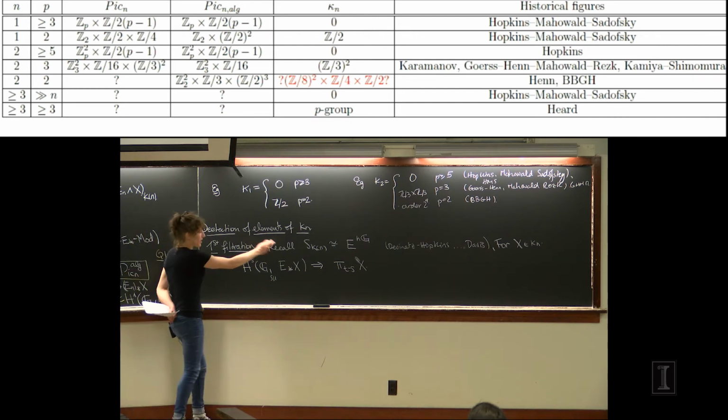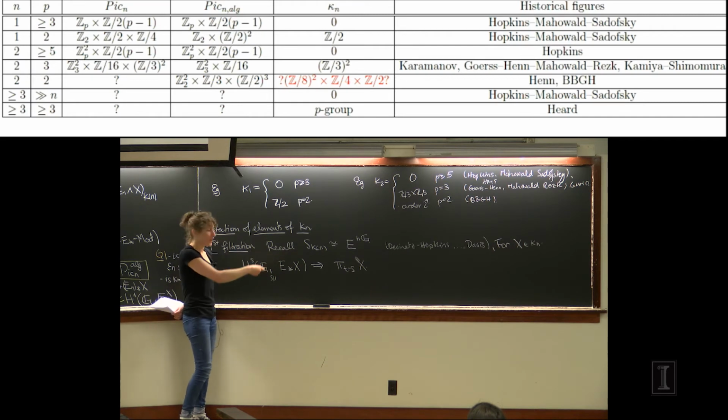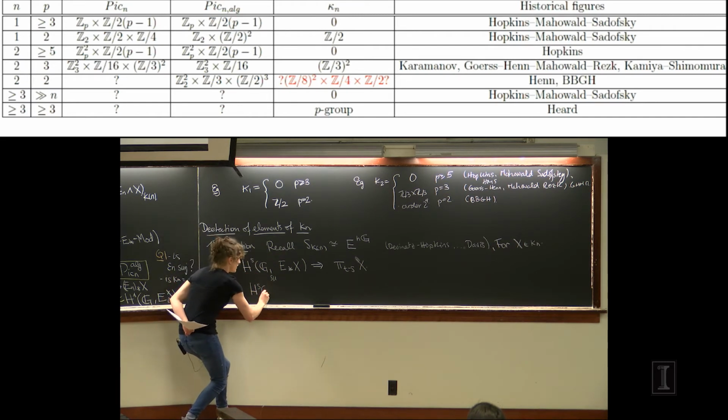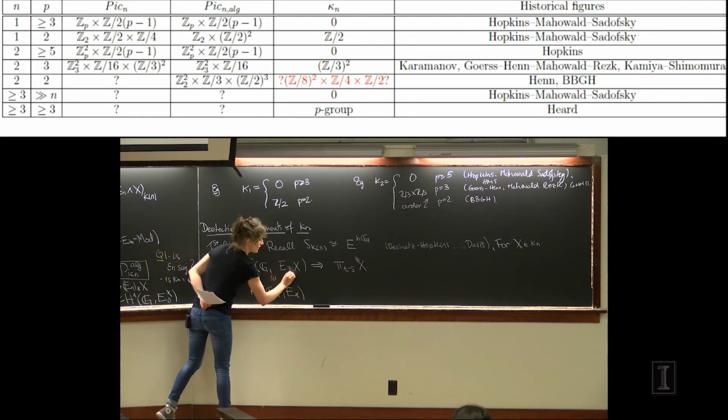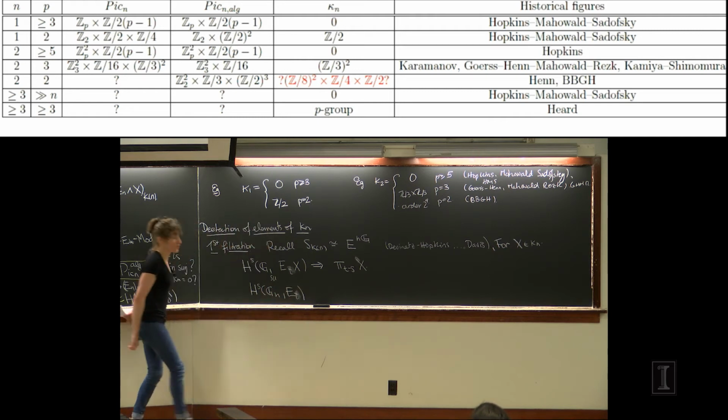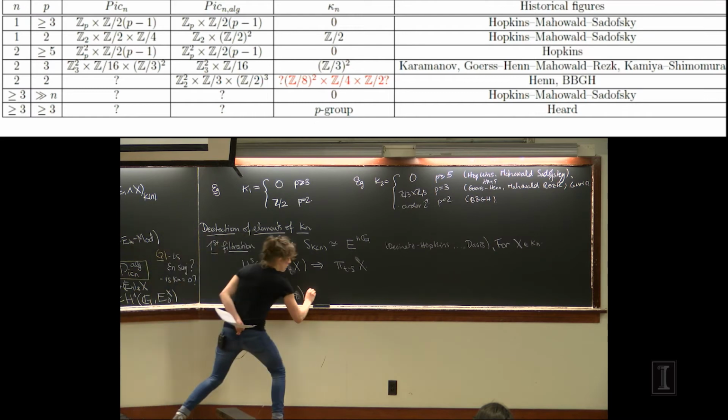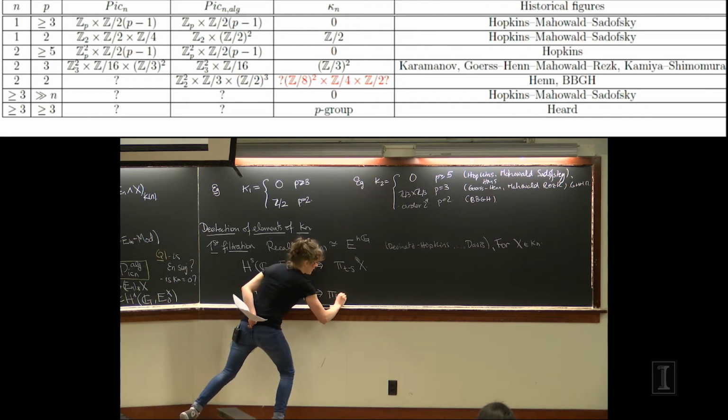So this is an algebraic gadget: group cohomology with these coefficients. So the E2 term of this spectral sequence looks like the E2 term for the sphere.